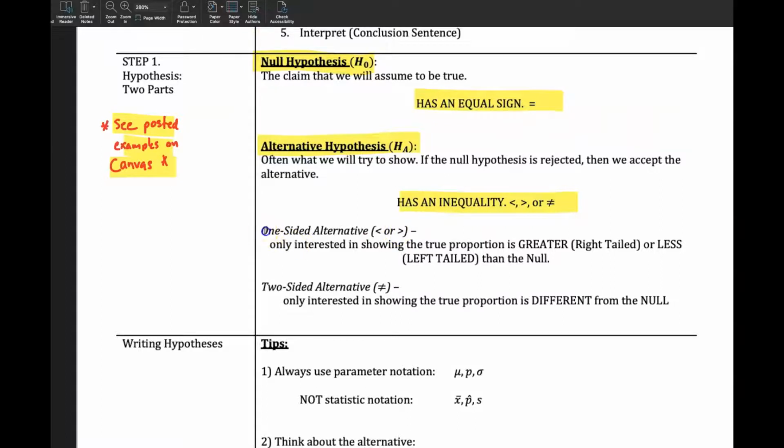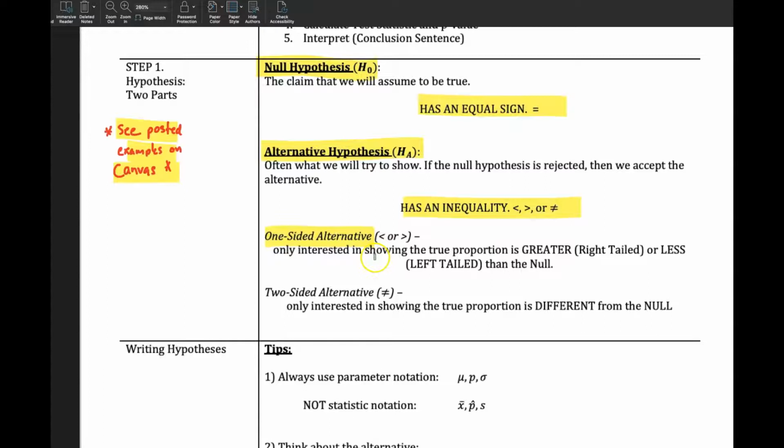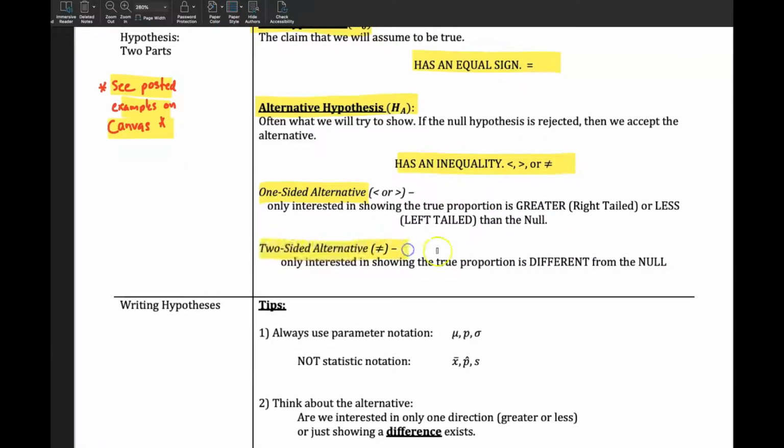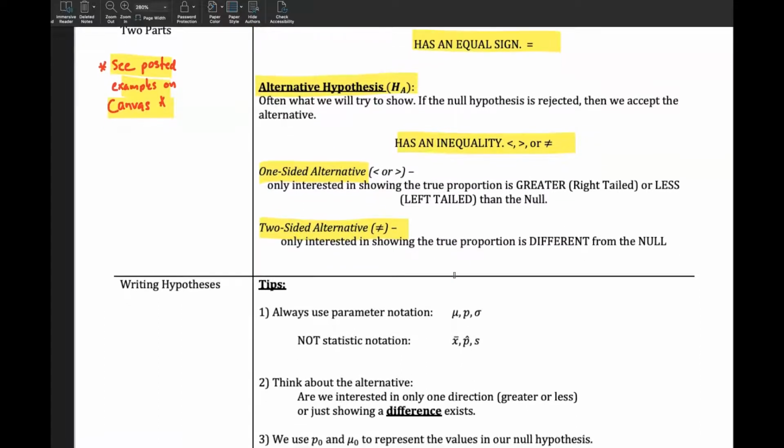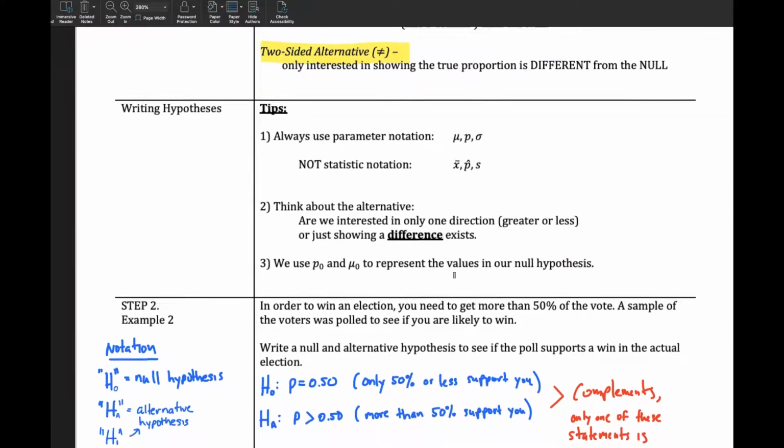If simple, then we're looking at a one-sided hypothesis test, right? We're only showing that the true proportion or mean is greater than or less than, versus a two-sided test, where we're only interested in showing the true proportion or mean is different than the null. Different meaning that it can be either greater than or less than. So it's our two-sided test.